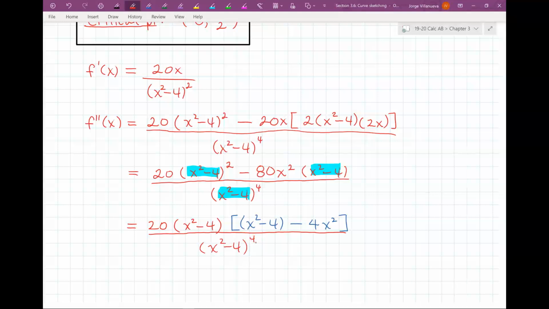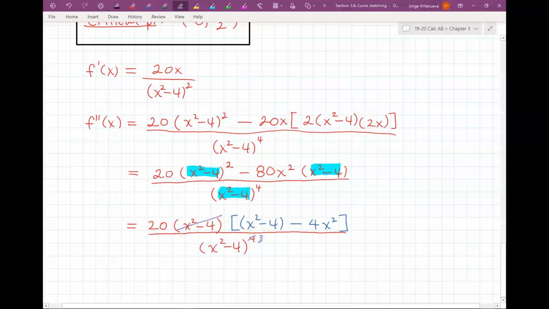So notice I took out a 20 and an x squared minus 4. So the only thing that was left over was an x squared minus 4 for the first term. And then on the back end, 80 divided by 20 is 4. So 4 and x squared stays there. That x squared minus 4 to the first was taken out. So that's gone. I can cancel this x squared minus 4 with one of these. So that's going to be a third power now.